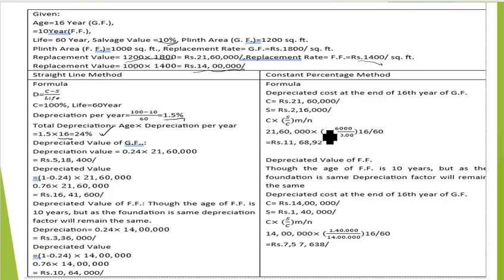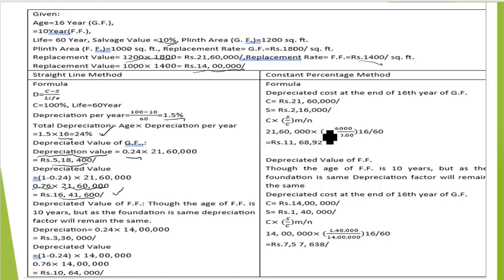To find the depreciated value of the ground floor, first find the depreciation value. It is 24% of what? 21 lakh 60,000, which is 5 lakh 18,400. So 24% has depreciated, so the balance will be 76%. 76% of 21 lakh 60,000 is 16 lakh 41,600.